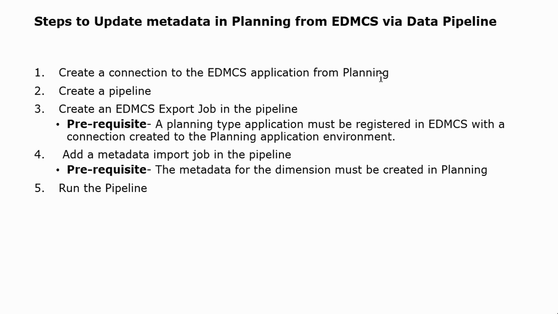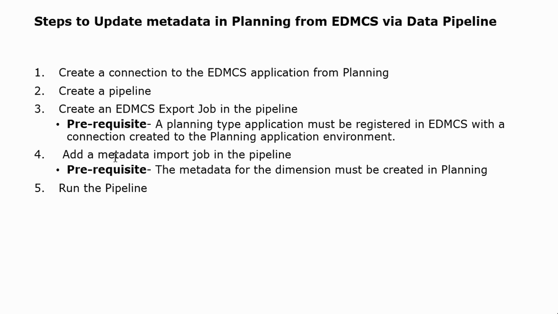And we need a connection from planning to EDMCS as well, because the triggering of this export is being done from planning itself through the data pipeline. So in order for us to create this EDMCS export job in the data pipeline, this connection must be established. Once you have created this job, the export part from EDMCS is done.